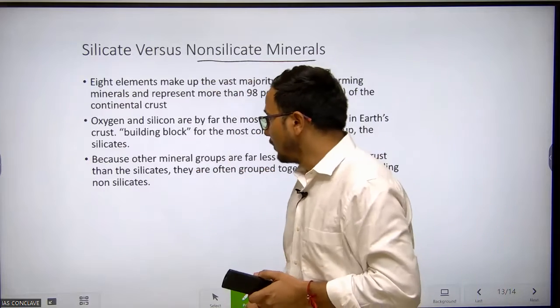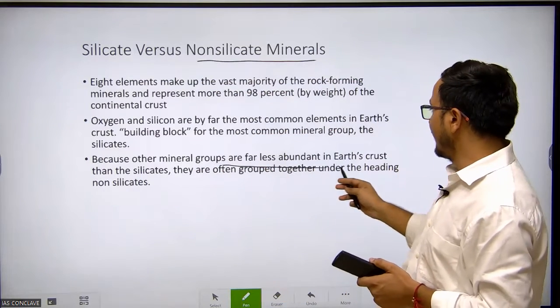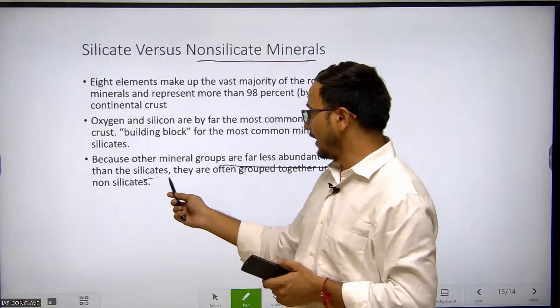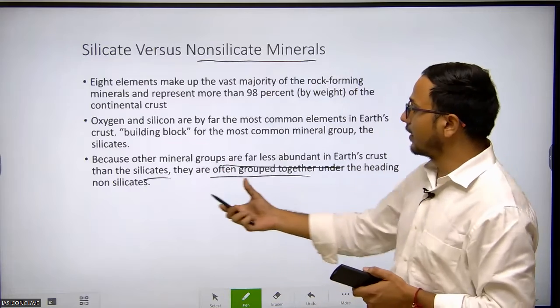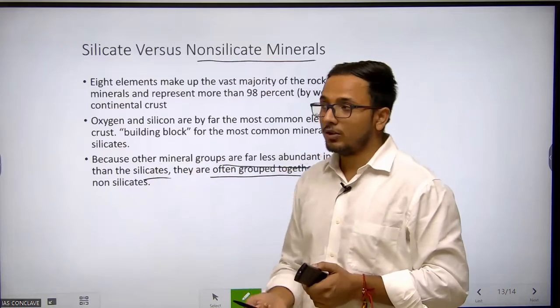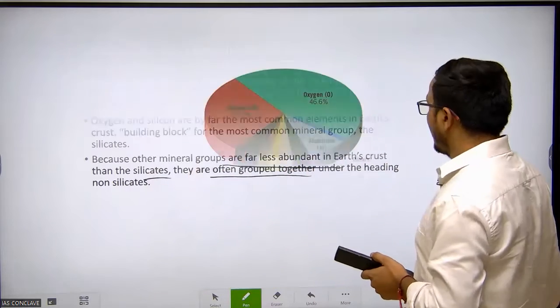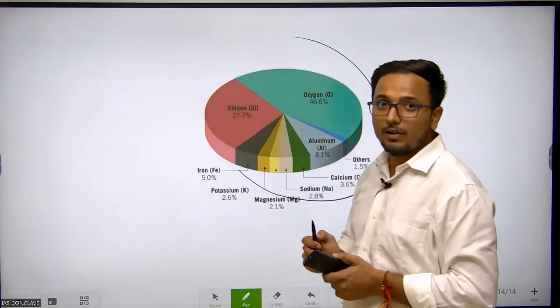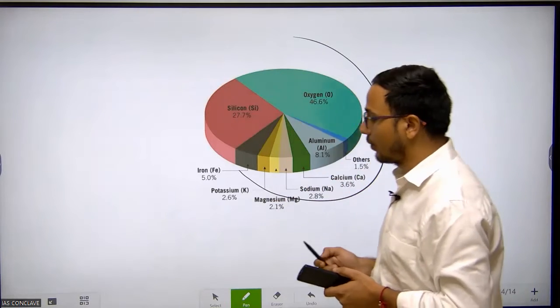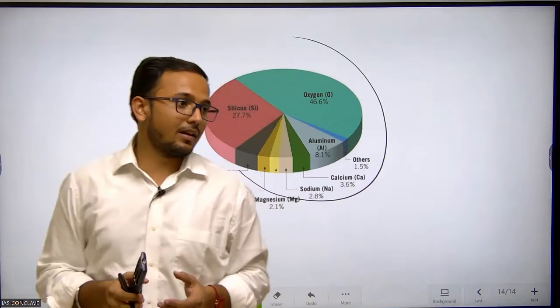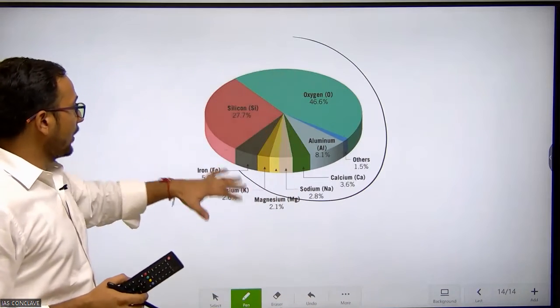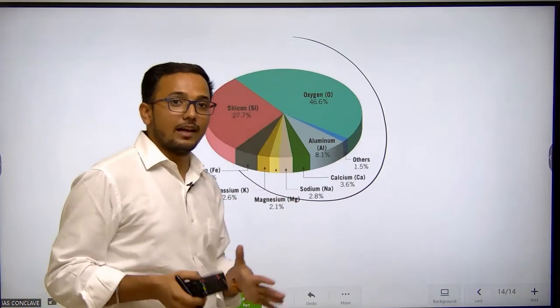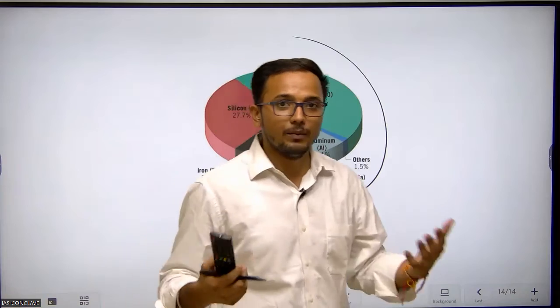Other mineral groups are less abundant in the Earth's crust than silicates, so they are often grouped together under non-silicate minerals. You can see here the major 8 elements which are components of the Earth's continental crust. So this is how we can understand the classification of minerals.